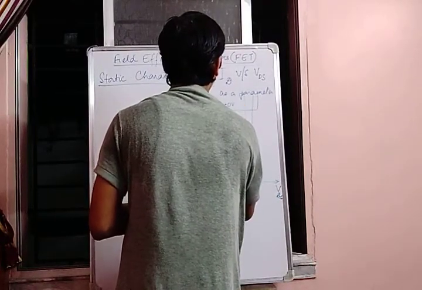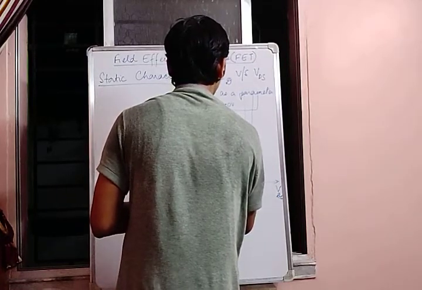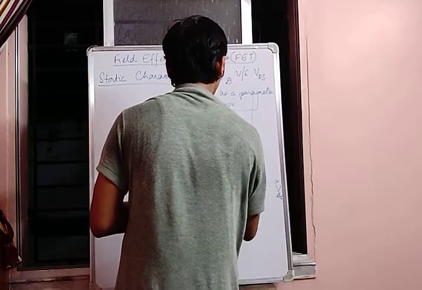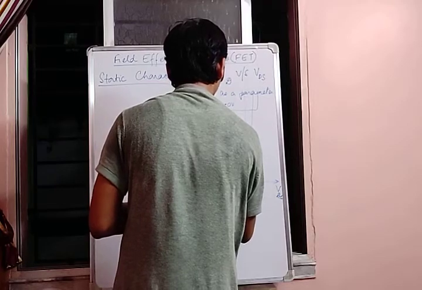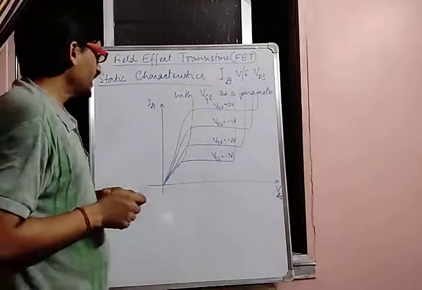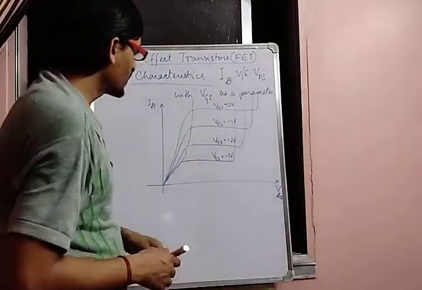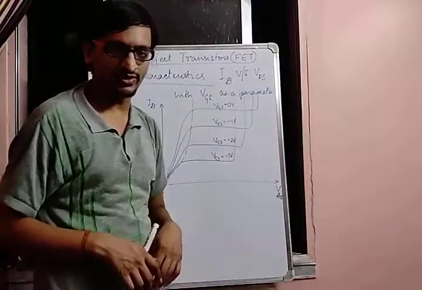This one is for VGS equal to minus 1 volt. This is for VGS equal to minus 2 volt, and this one is for VGS equal to minus 3 volt. So this is the plot of the variation of the drain current with respect to drain source voltage for various values of gate to source voltage.